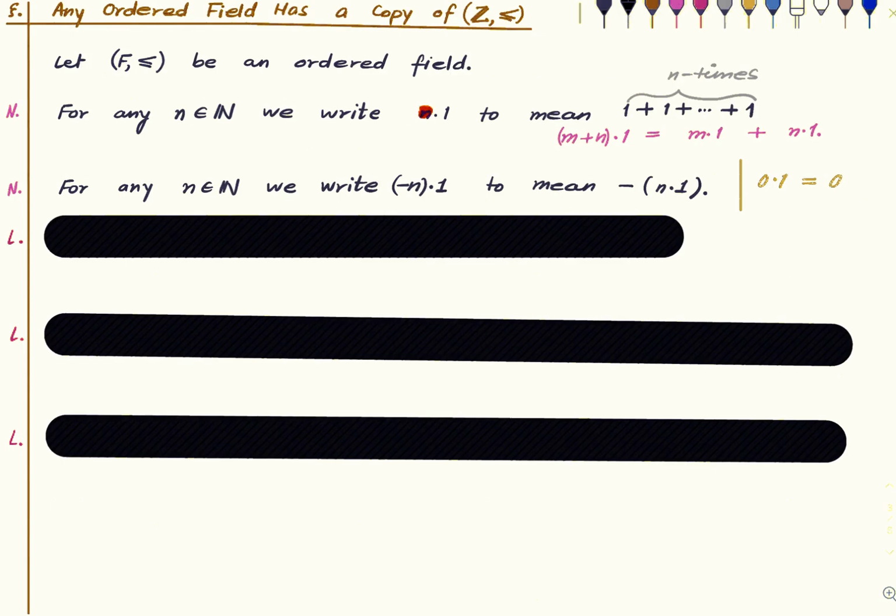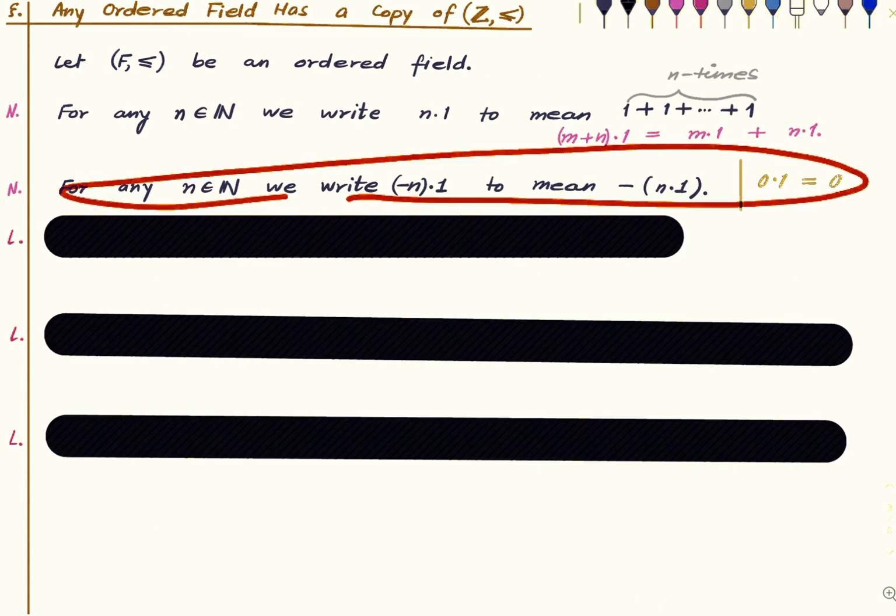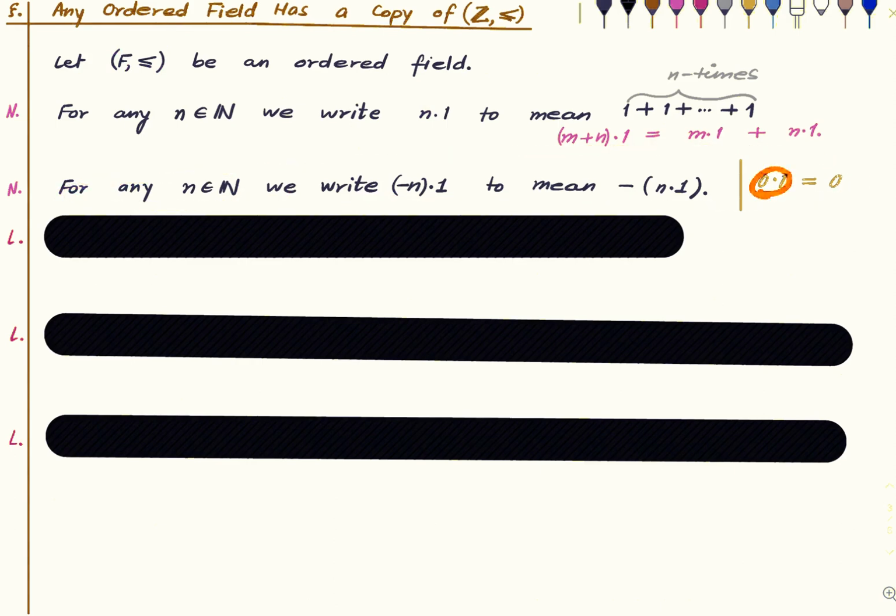This is a natural number, but this is an element of the field that we are talking about. Similarly for this thing, and here when we write 0 dot 1, 1 refers again to the multiplicative identity of the field. 0 is the integer 0. So with these two things in hand, for any integer, let's say a, we have a definition of a dot 1. a dot 1 now makes sense.